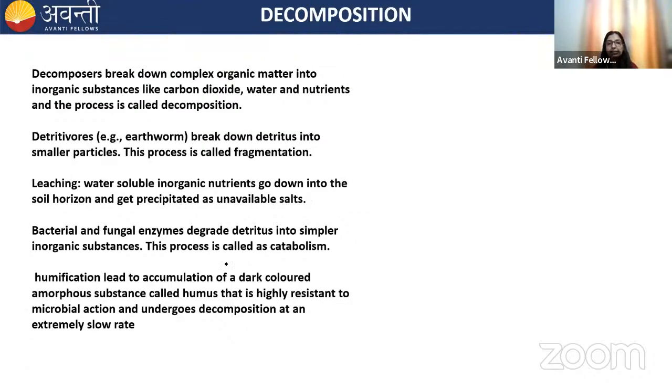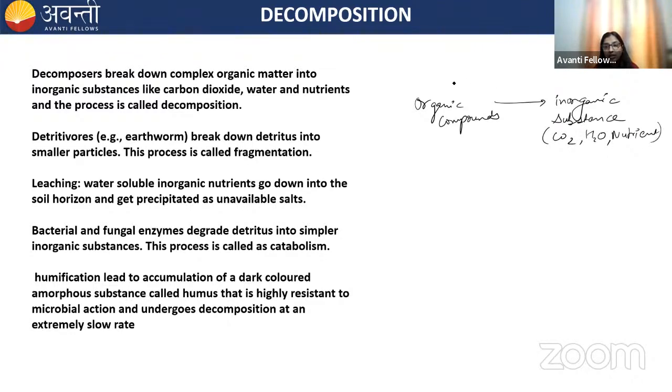Next, we are going to discuss decomposition. Decomposition is when the complex organic matter is broken down into inorganic substances. Inorganic substances could be carbon dioxide, water, and nutrients.